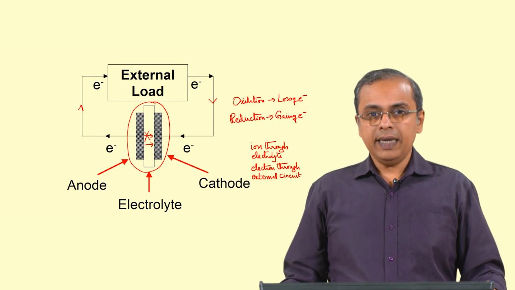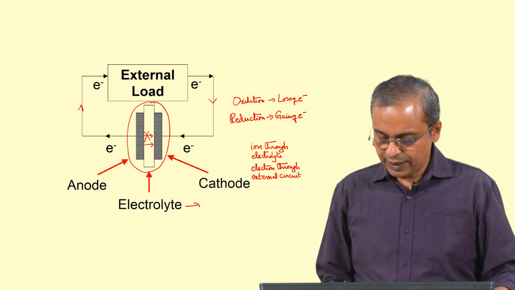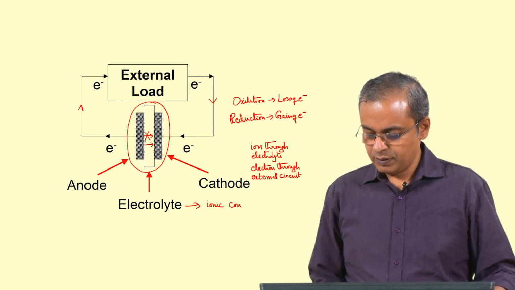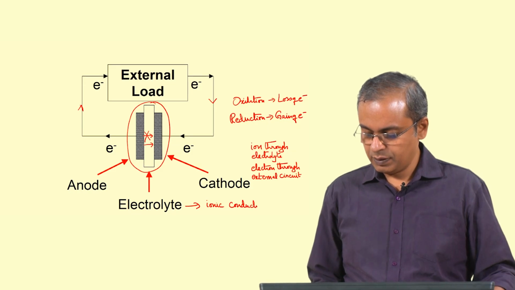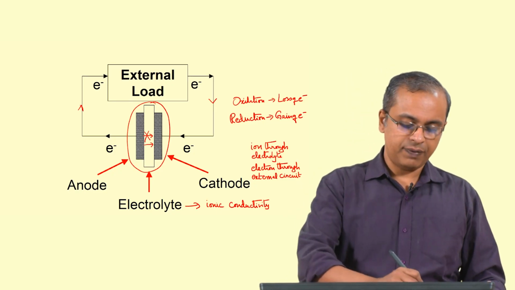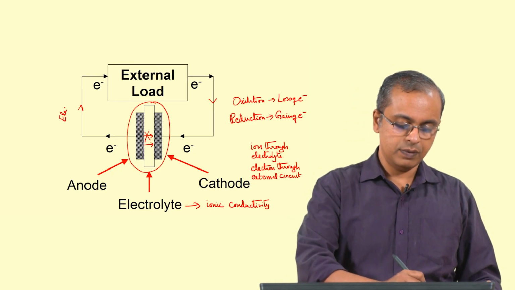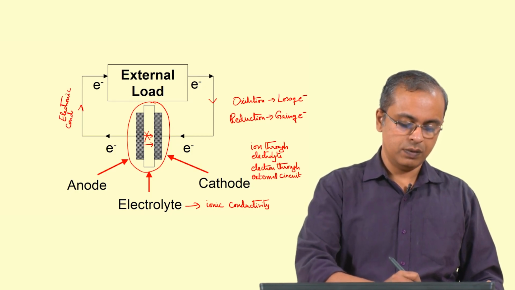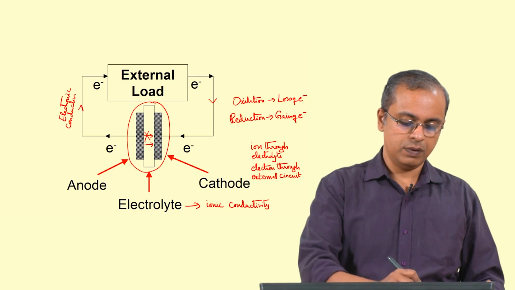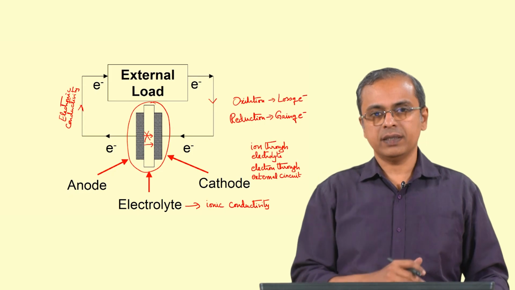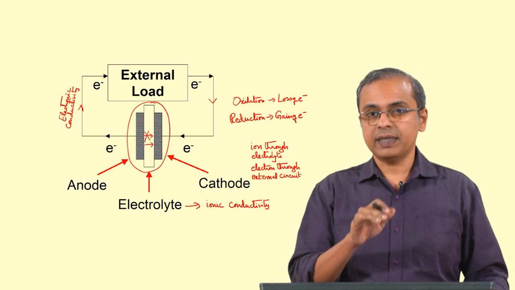The electrolyte has ionic conductivity, whereas the wires in the external circuit have electronic conductivity. So, you have electronic conductivity in the external circuit, but ionic conductivity in the electrolyte.